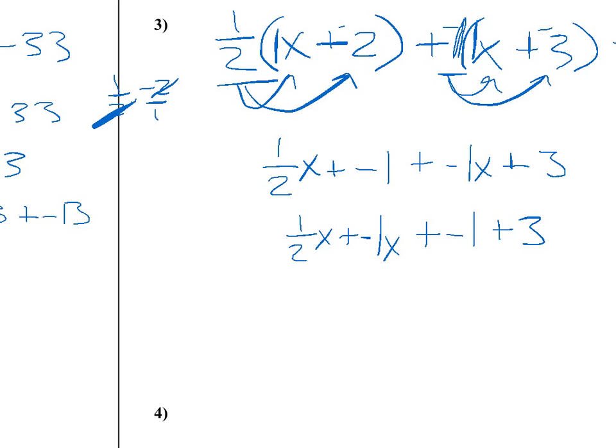This is where things get a little bit tricky here. I have a 1/2 x plus a -1x. All right, so 1/2 plus -1, make it a fraction, -1 over 1, get common denominators times 2 over 2. It's going to make -2 over 2.